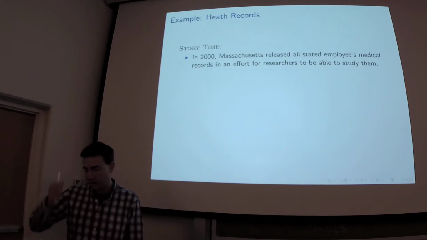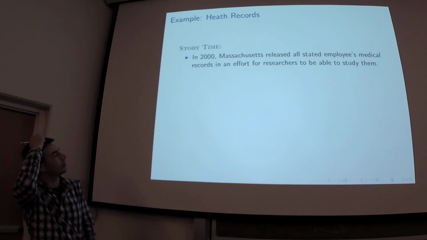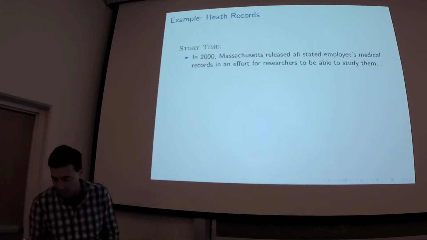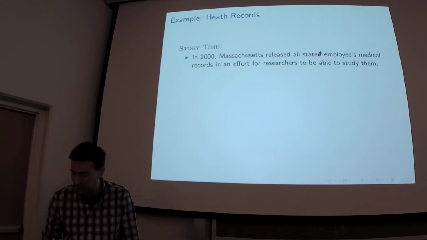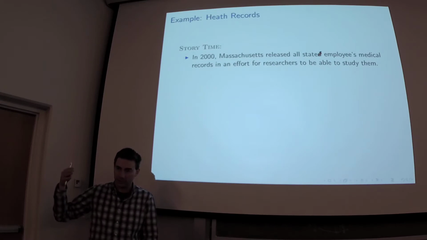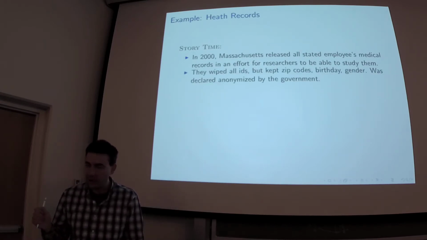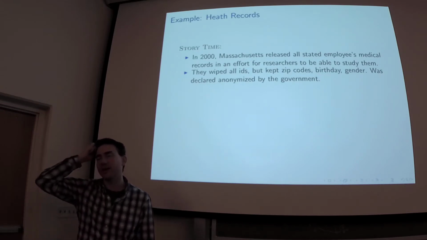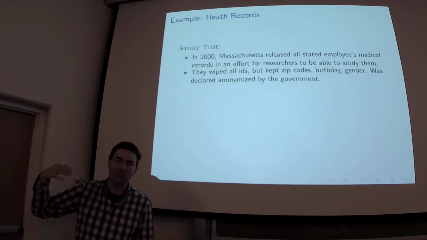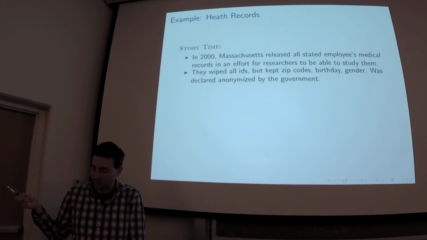And so the state government decided to release all of the medical records of the state's employees. But they said, we're not going to tell you the names. We're going to wipe all the IDs or give them an ID that doesn't link to them in any specific way.